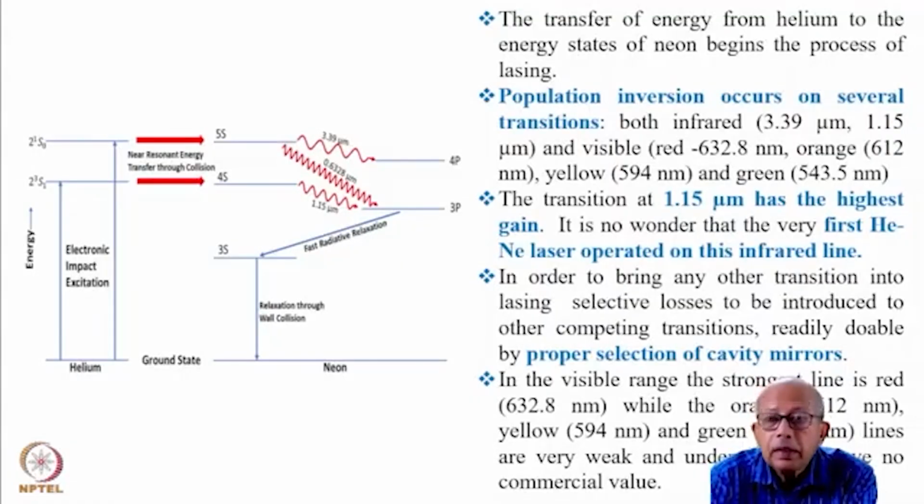So in the previous class, we have seen that in case of a helium-neon laser, population inversion occurs on several transitions.